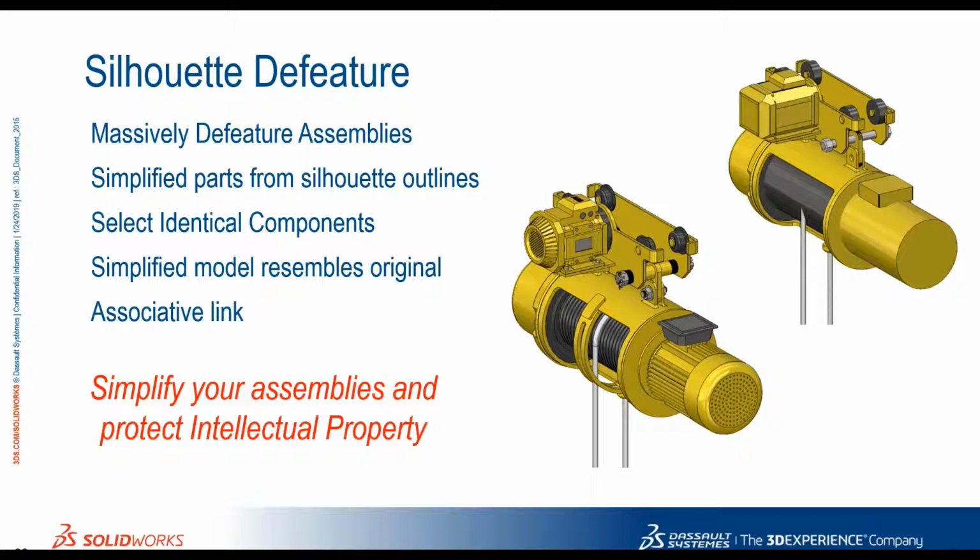Especially in large assemblies, this saves a lot of time and allows us to not have to pan and zoom around and hope we hold control all the time. And then we have the ability to link the defeatured assembly to the original, and that allows us to control and have that associativity we're used to through all of SOLIDWORKS. So it allows us to simplify our assemblies and protect intellectual property.